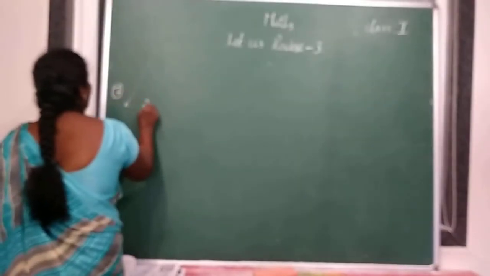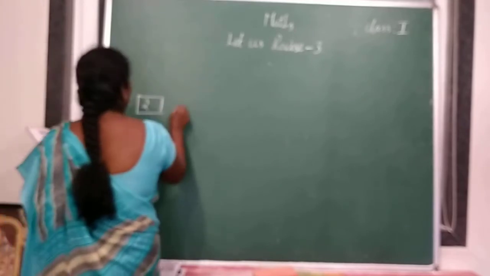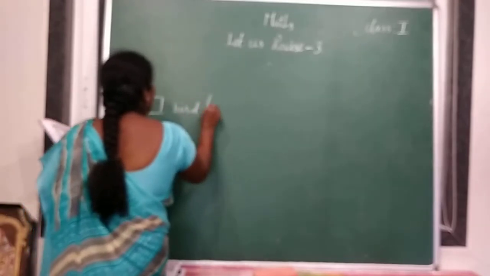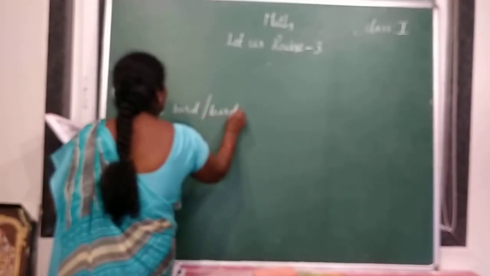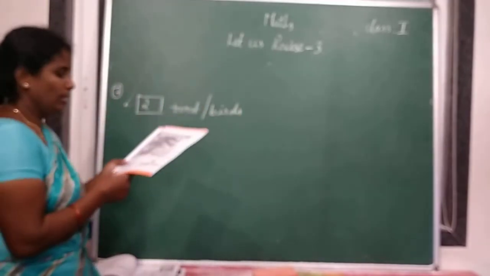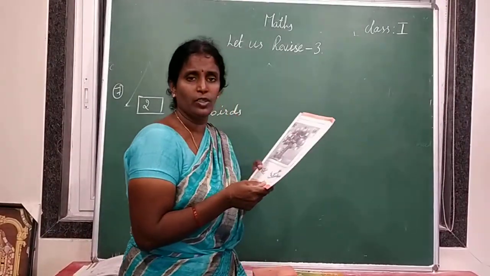So write 2. 2 bird or birds, which one is correct? 2 is plural, no? So strike off bird. 2 birds.